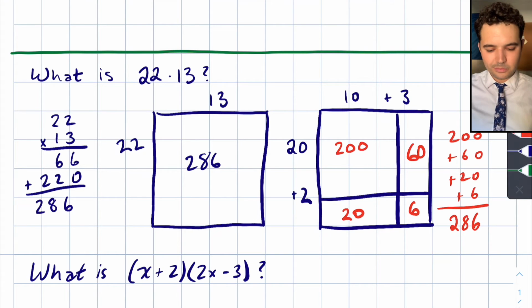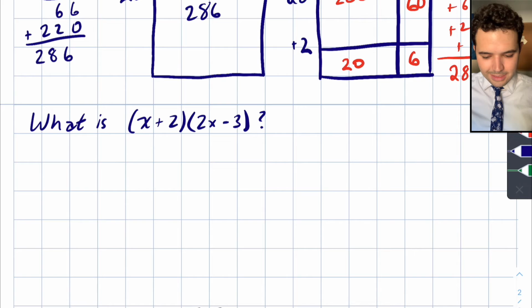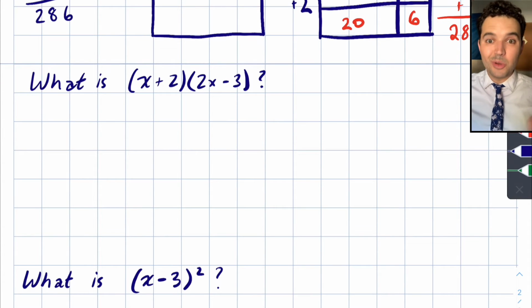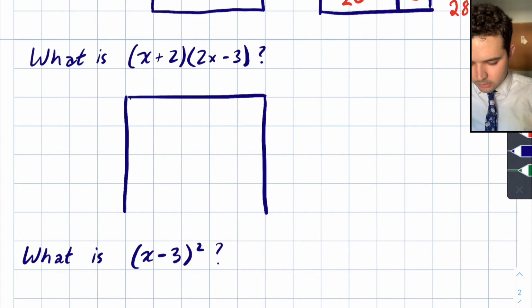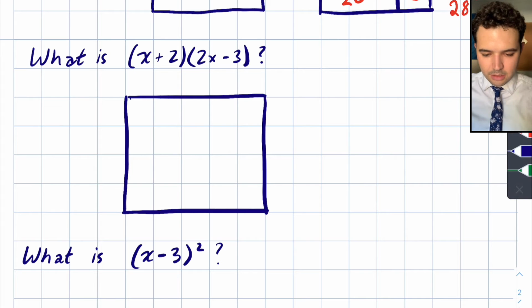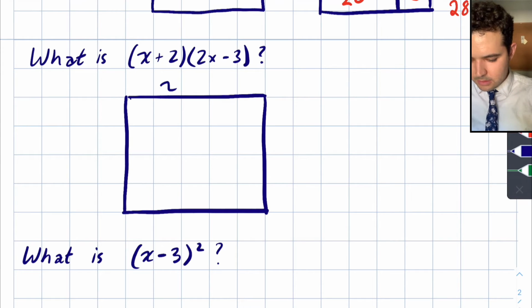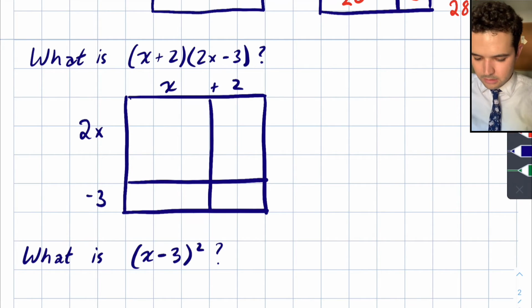Now, what's great about this model is that it works with multiplying binomials. So yes, I could use FOIL or make every pair to find what this expands to. I could do x times 2x, x times negative 3, 2 times 2x, and 2 times negative 3. But I can also think of this as x plus 2 multiplying 2x minus 3.